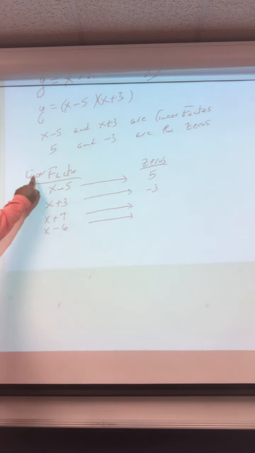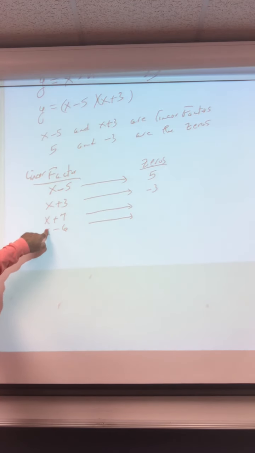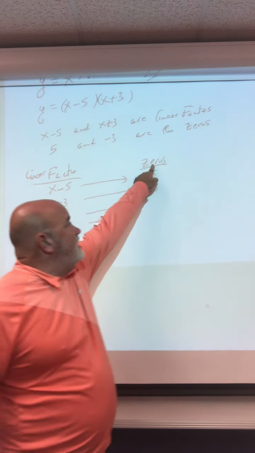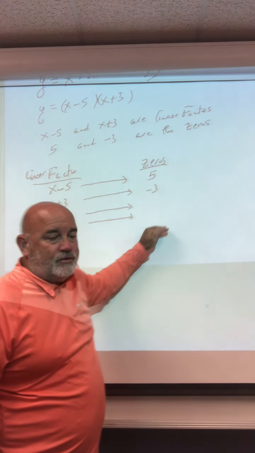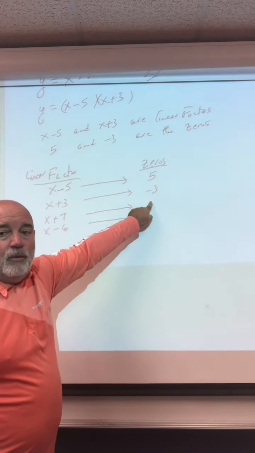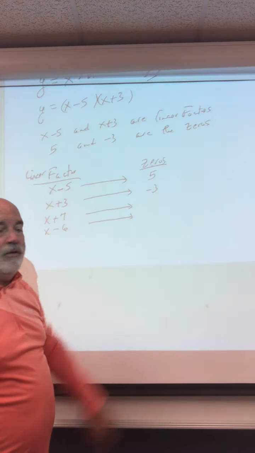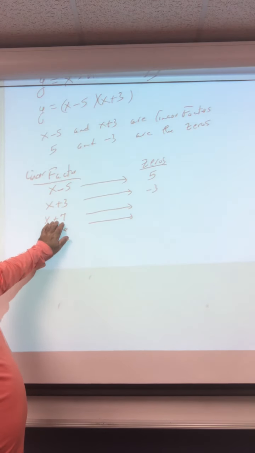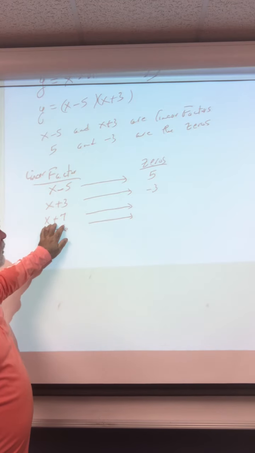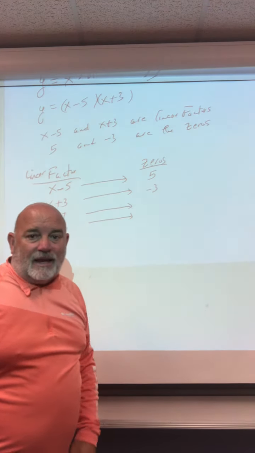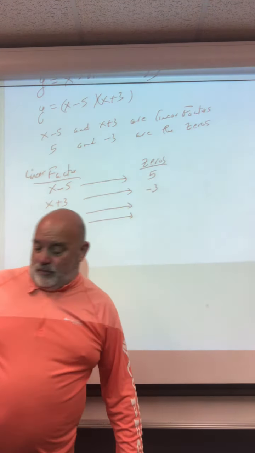Now notice the linear factor has to have the x with it. The zeros are just numbers. So tell me what would go right here and what number would go right here. So if x plus 7 is a linear factor, what would automatically be a 0?